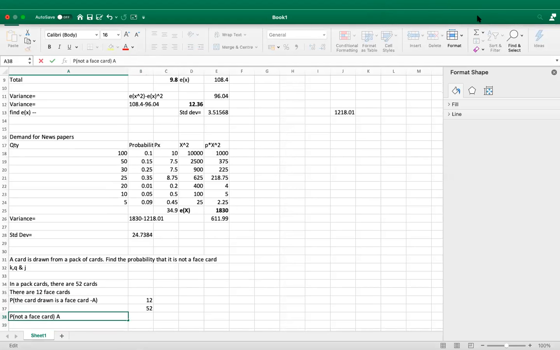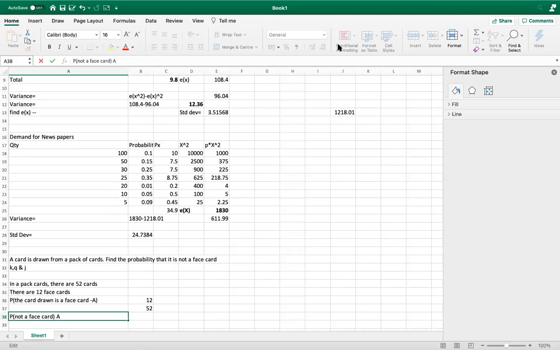This is my annotation here, a line drawn over the A. A bar is 1 minus P of A. Are you following? 1 minus 12 by 52. Are you following, all of you?